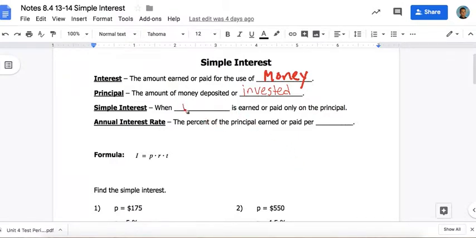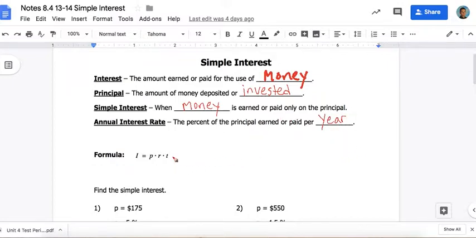Simple interest is when money is earned or paid only on the principal. And then an annual interest rate is the percent of the principal earned or paid per year.